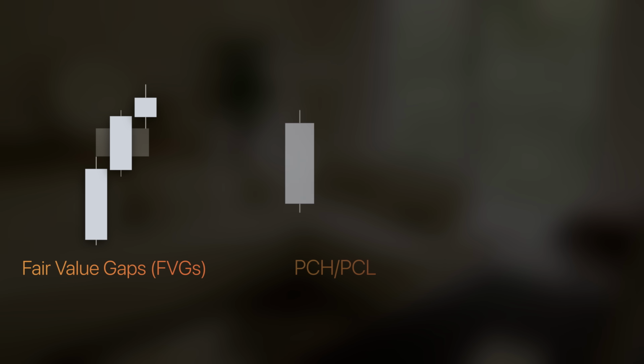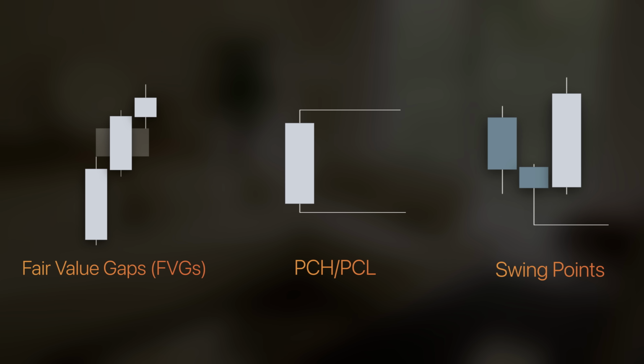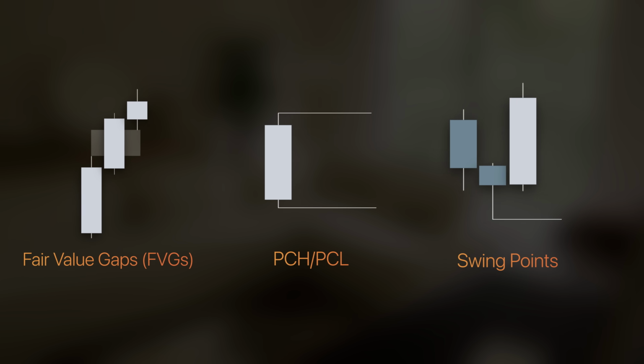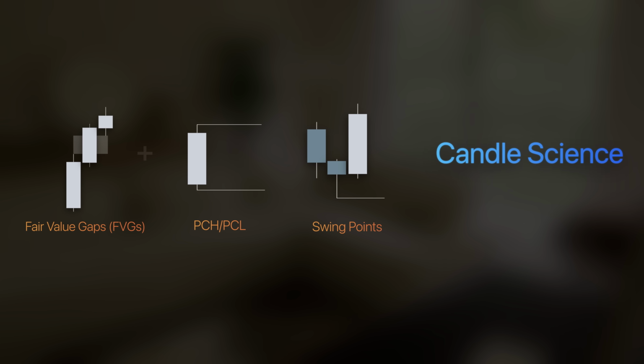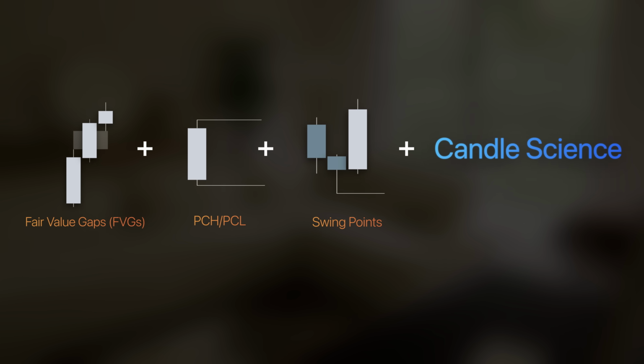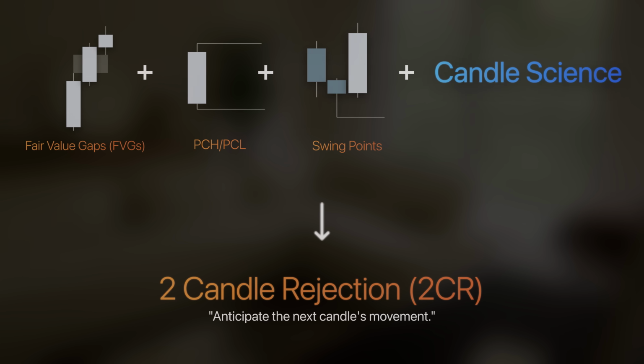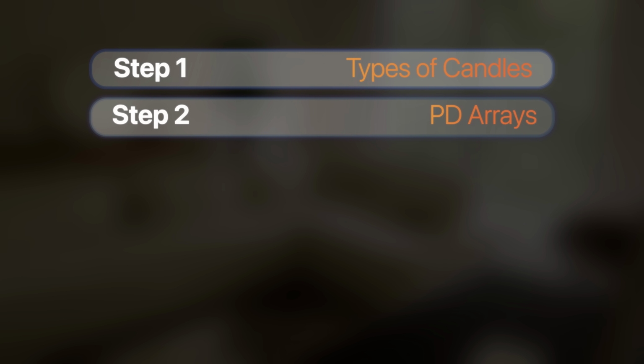Our main focus for this video is going to be on the following PD arrays: fair value gaps, previous candle highs, previous candle lows, and swing points, so swing highs and swing lows. Combining these PD arrays with candle signs will lead to something beautiful, and that is 2 candle rejection. Now we will dive deeper into this at step number 4.